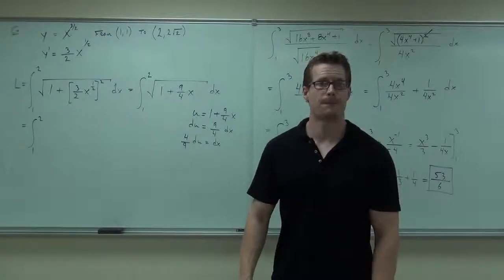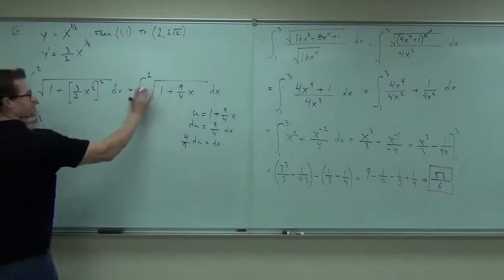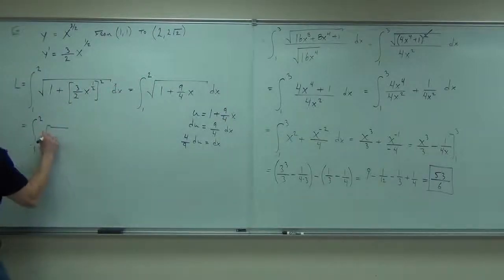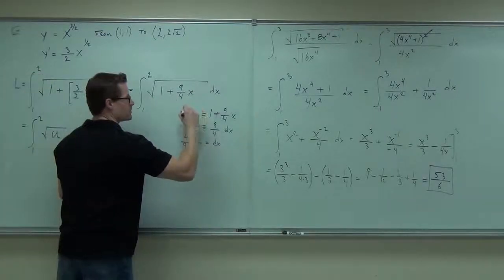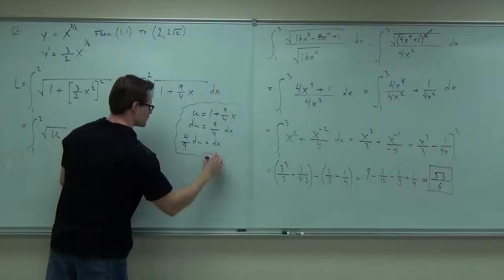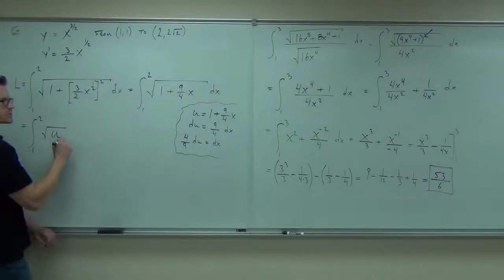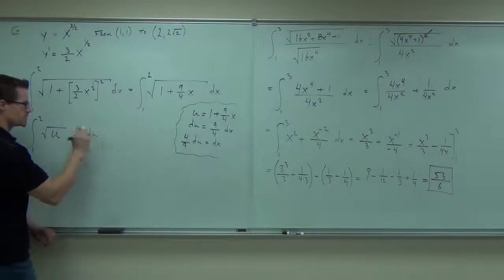I'm going to leave it the square root of u for right now. But just so you see where it's coming from, the square root of u, that's our entire u from right here. Also we have, instead of dx, what are we going to put? Don't forget the 4/9 du.